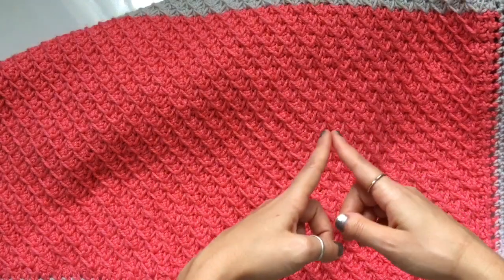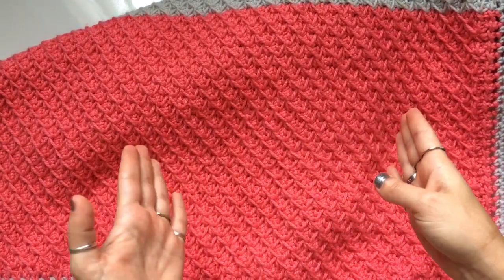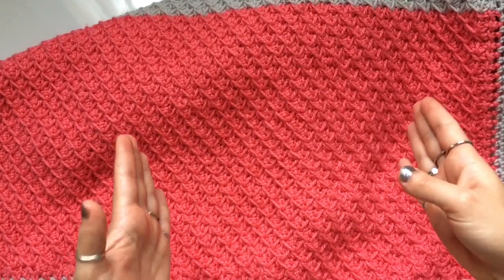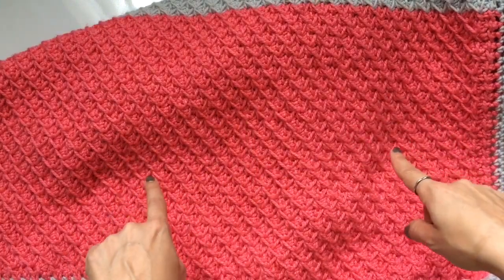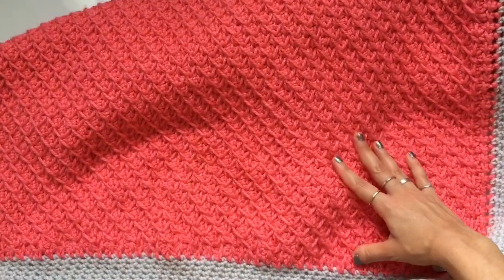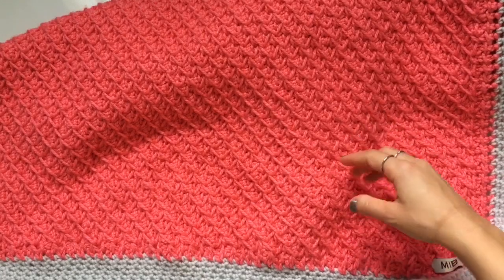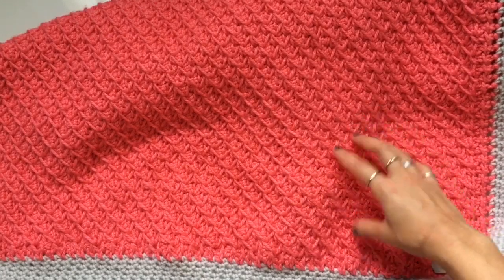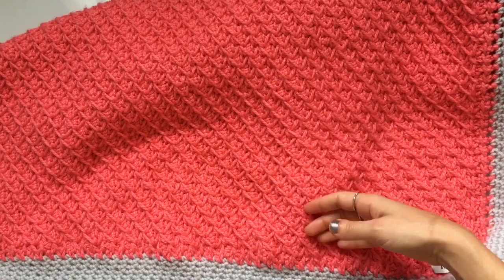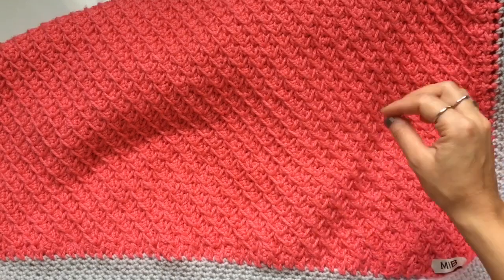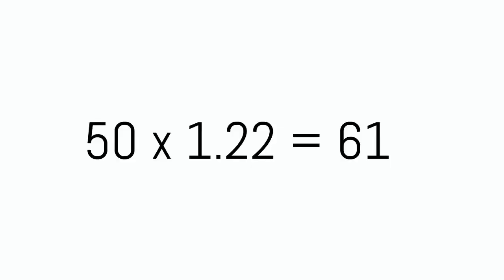Because the pattern tells us that this lattice stitch is going to shrink, at least within this pattern, we're going to have to use our shrink rate to calculate how wide we want our initial chain to be in order to have a fabric that measures 50 inches once we've crocheted several rows. So we're going to take the 50 inches, which is the width that we want our blanket to be, and multiply that by 1.22.